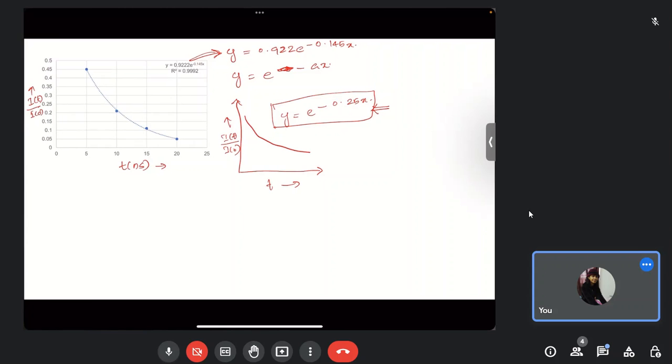Consider that the exponential decay rate is 0.145 nanosecond inverse. We have to find the fluorescence lifetime.